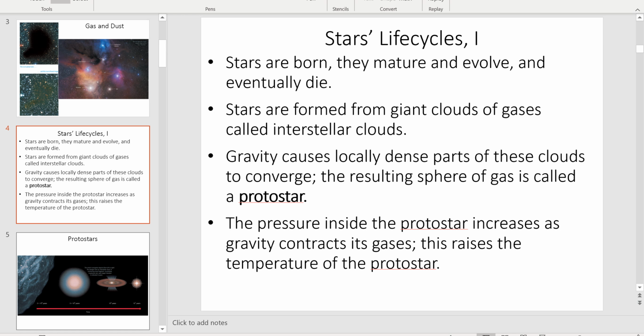This protostar is a locally dense region of the protoplanetary disk, and it's basically a large ball of gas. The pressure inside this protostar increases as its own gravity contracts the sphere. This raises the temperature of the protostar, and when the temperature in the center reaches around 15 million degrees Kelvin or so, fusion can begin.